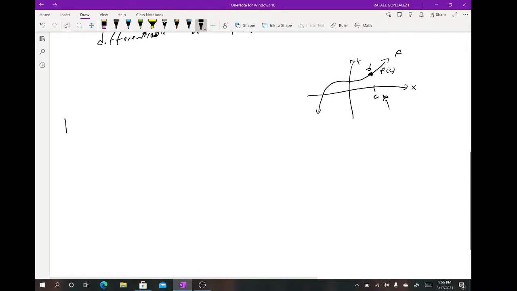And the other theorem that will be of importance to us today is the actual rule for the derivative of an inverse function. So this is the derivative of an inverse function.